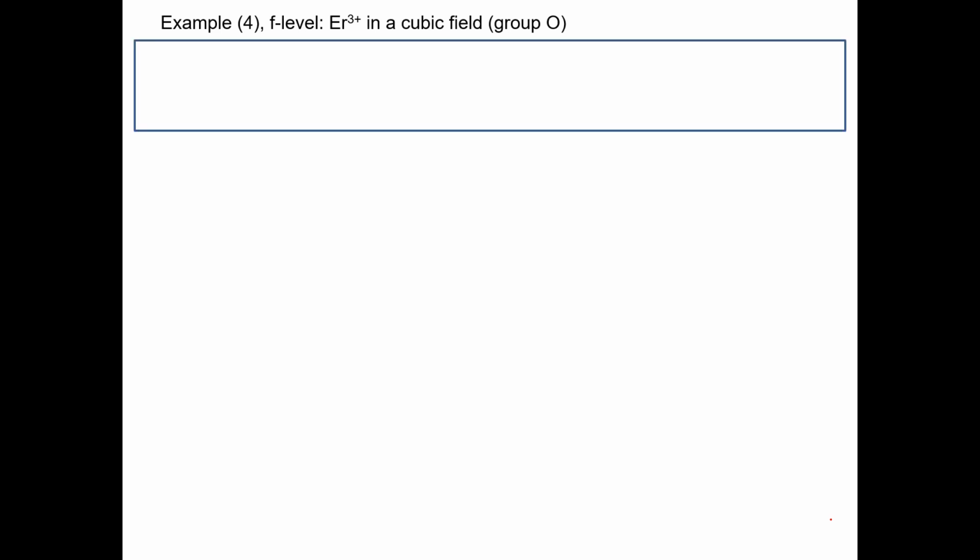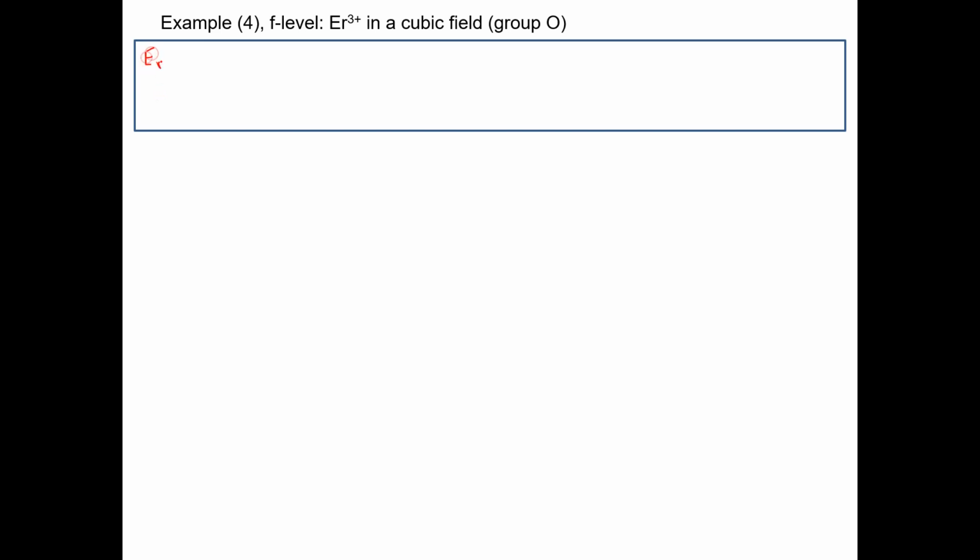Erbium 3 plus, also in a cubic field, group O. So for erbium, we have the other possible situation, which is a half integer J, right?